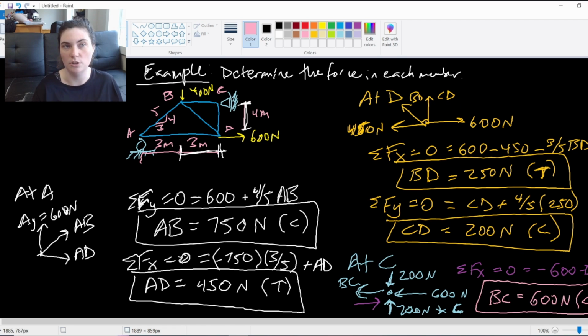We would really want to know which one of these members is going to fail first, which one is taking on the most load, if there needs to be more supports somewhere else. So this is very important for us to know how much each member of a truss is taking on and what forces each is experiencing.